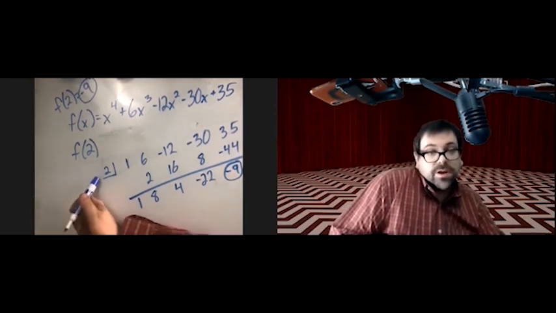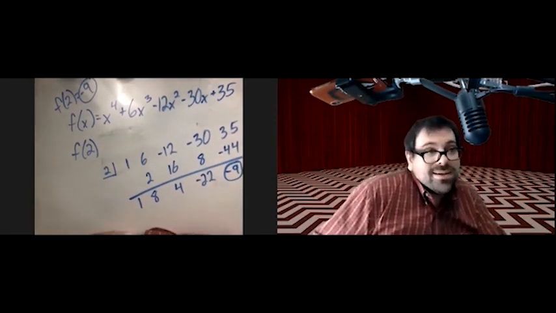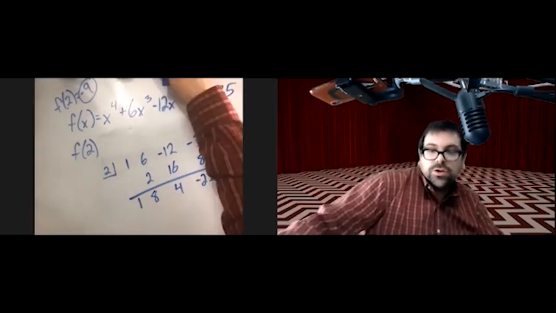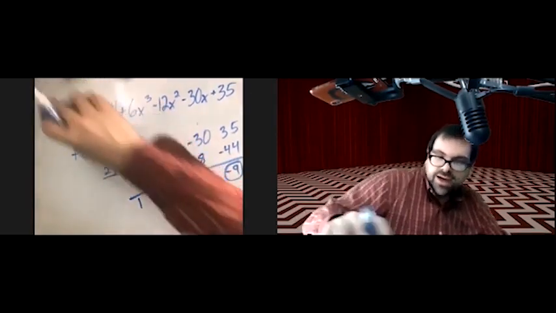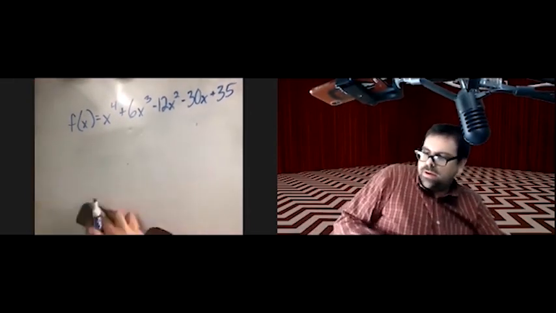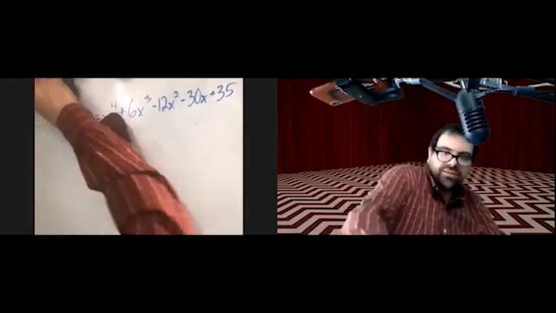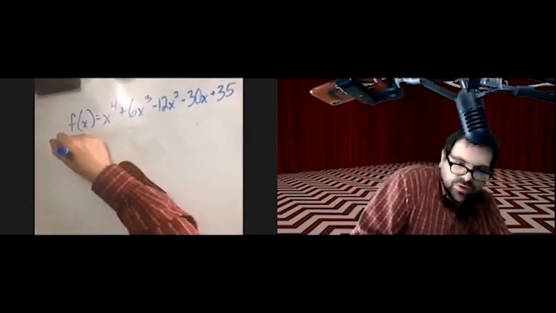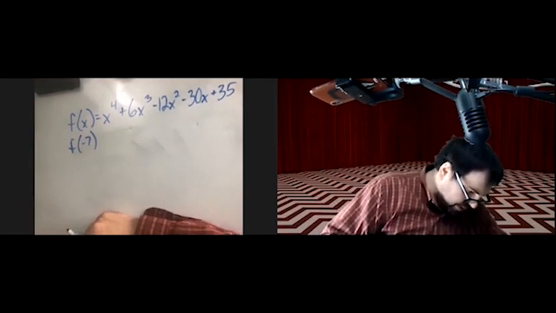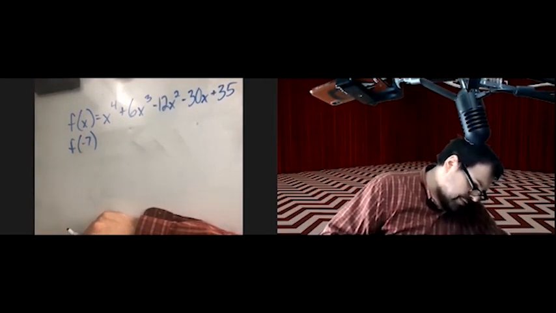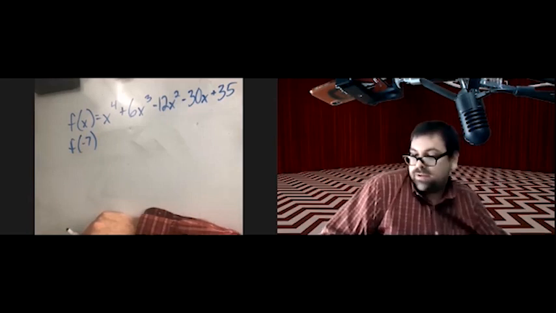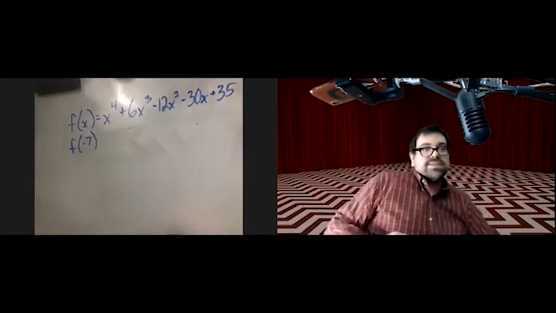Now imagine the bigger the number, the easier this becomes for finding it. So I mentioned f of negative 7. If I plug negative 7 in for x and actually look for it long ways, like I said, it's difficult, but we would end up, believe it or not, getting 0 once all was said and done.